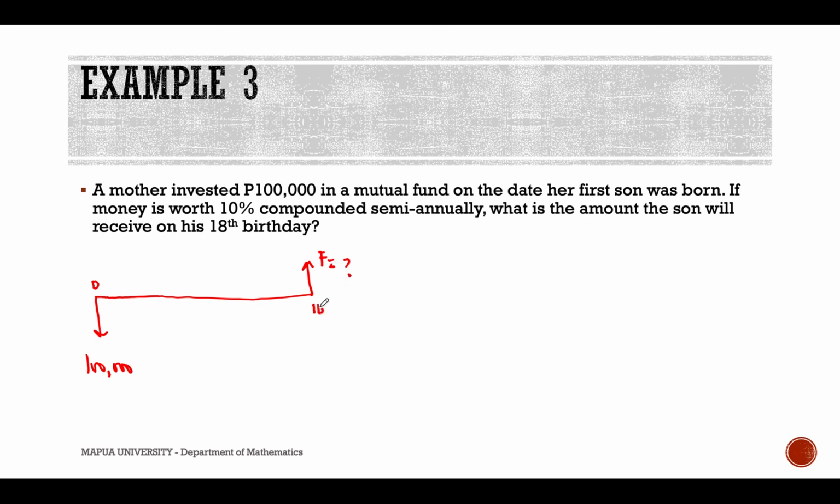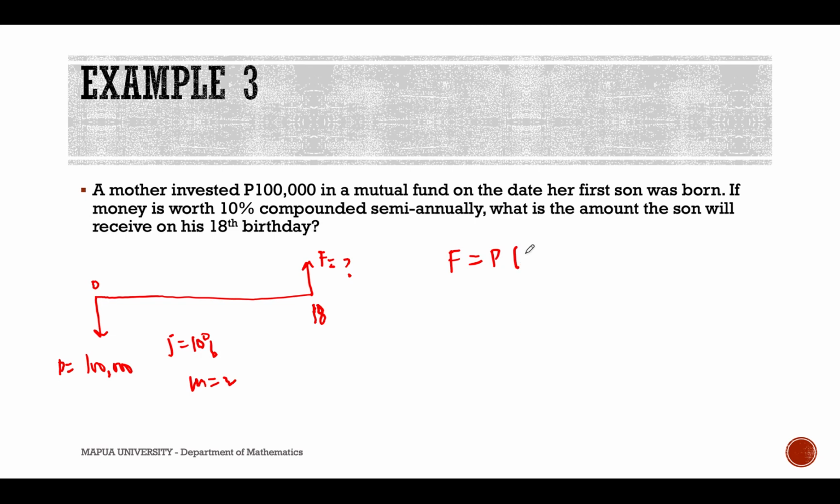This is after 10 years, rather 8, on the 18th year. So this is a present value, and then the rate is 10% compounded semi-annually. So we have 2 here. So this is a compound interest.